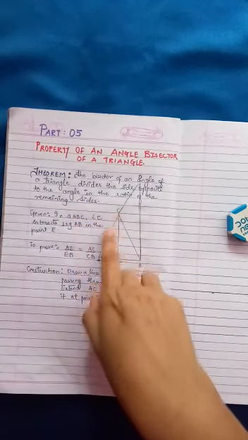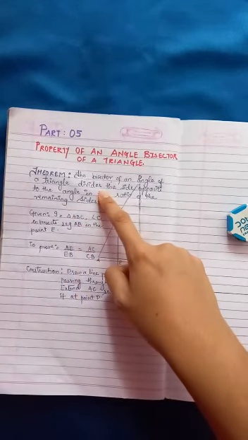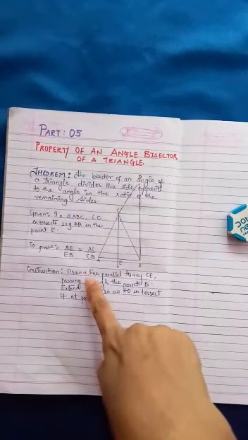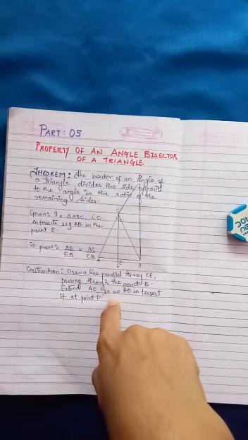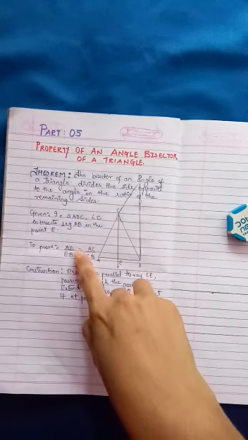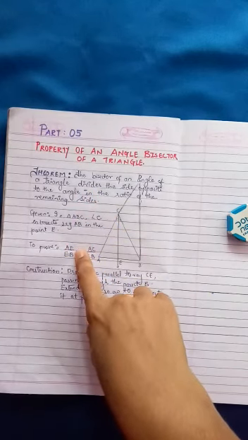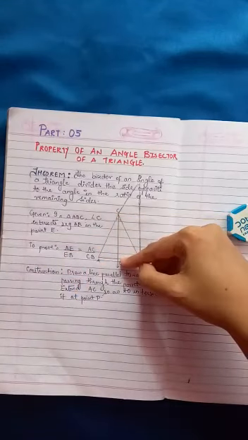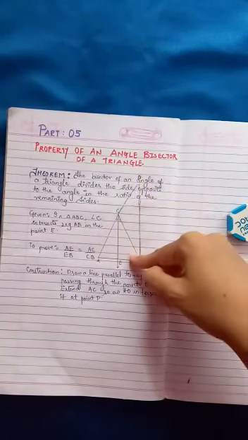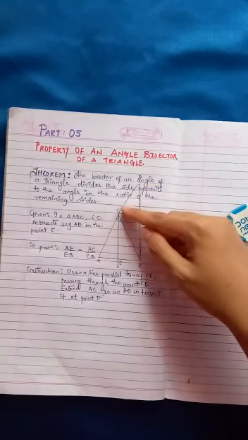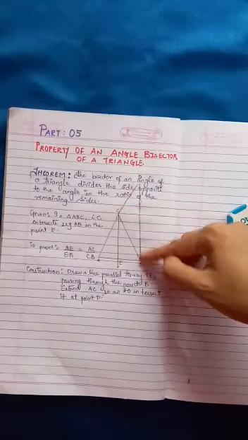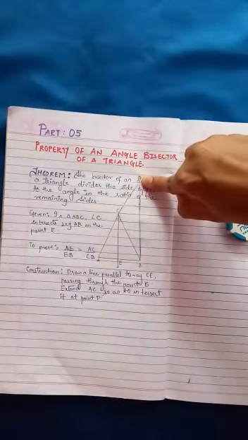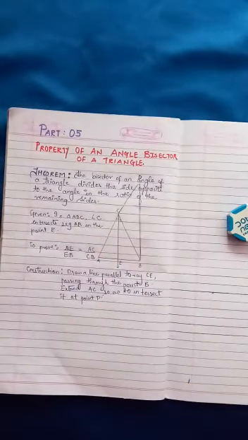Given comes from the basic diagram, what the statement says. To prove comes from the statement, and construction is something additional we did in order to get to the proof. I just drew the line DB, which is parallel to CE, passes through B, and if you extend AC, it meets at point D. Clear?